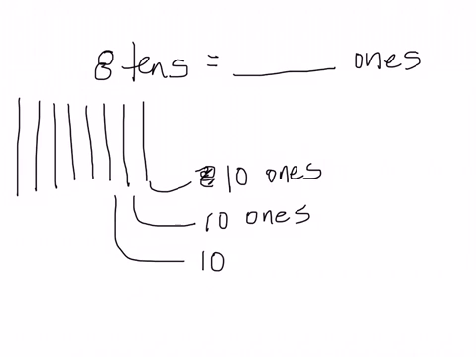So all 8 of these, and each of these 8 is 10, so that's 10, 20, 30, 40, 50, 60, 70, 80. So that's going to be the same as 80 ones. All right, I'm going to clear that and start the next one.